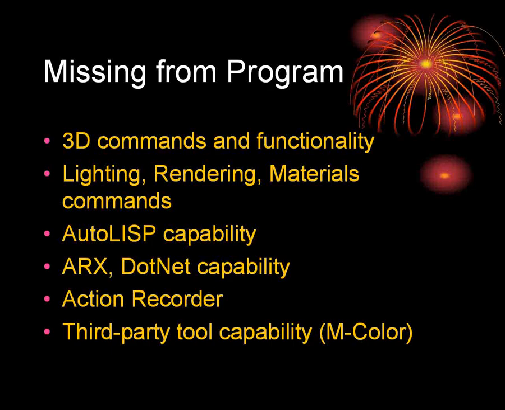So the functionality that we are required to remove from AutoCAD includes all the 3D commands, the rendering capability, lighting, and the materials library. It doesn't have any AutoLISP or any sort of add-on capability other than, of course, Land F/X. Things like the action recorder are missing. AutoLISP, ARX files and .NET, those three all kind of go together. Those are different ways to basically have an add-on to AutoCAD.